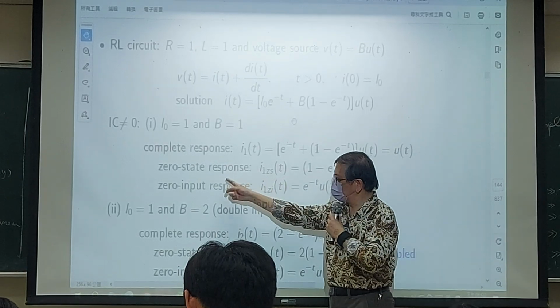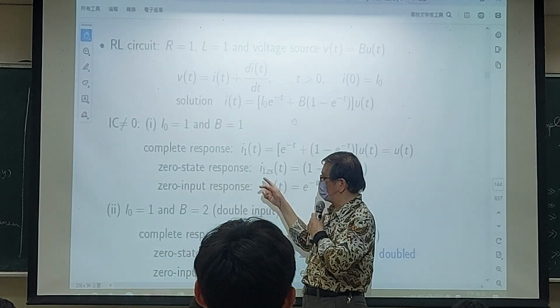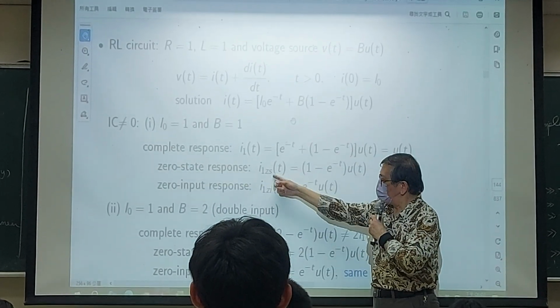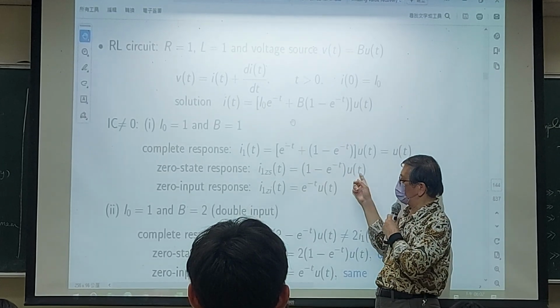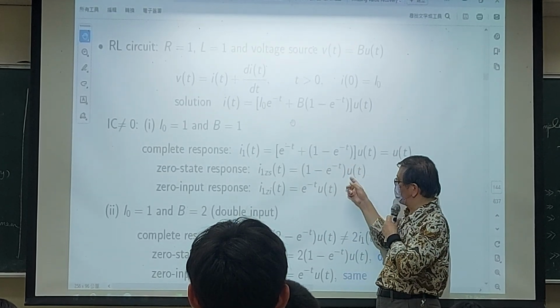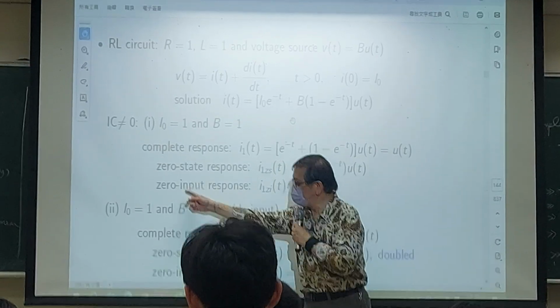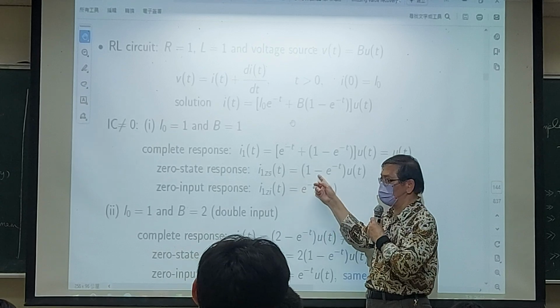One is the zero state response, and the other is the zero input response. Zero state response means this is the part for zero initial condition, so only the input appears in the solution. And zero input response is related to the initial condition.